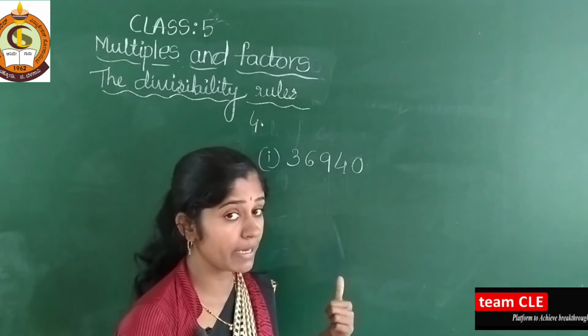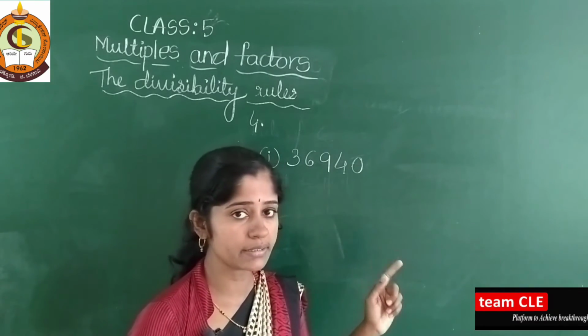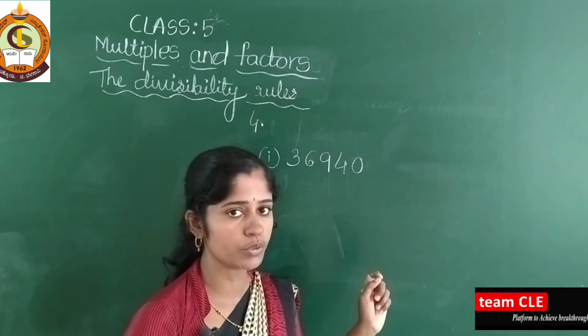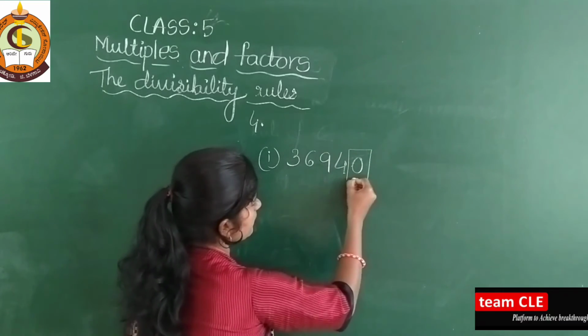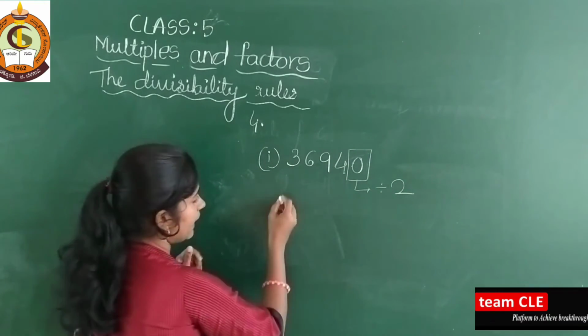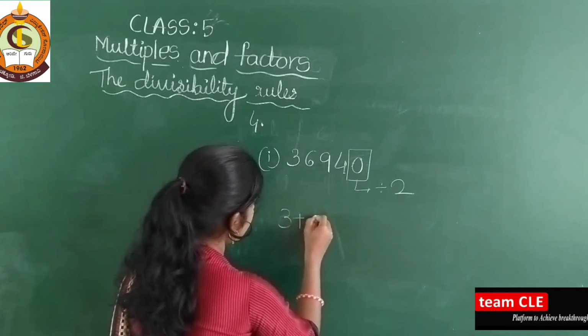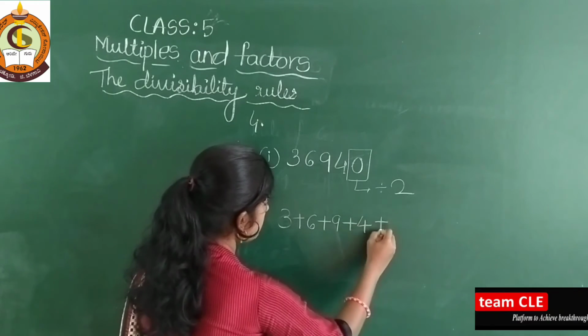This number should be divisible by 2 and also by 3, only then is it divisible by 6. So let us check. Here in the ones place 0 is there, so the number is divisible by 2.